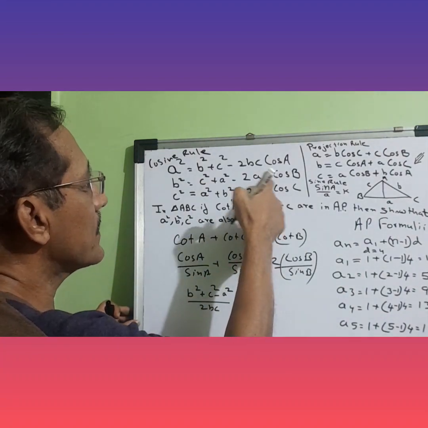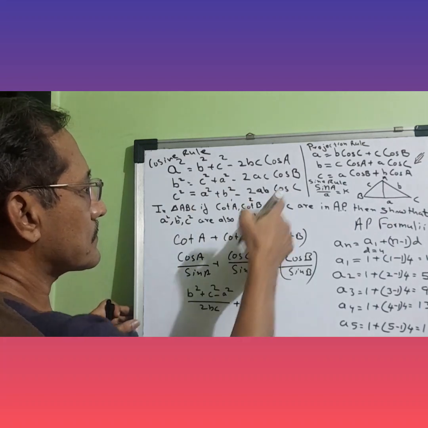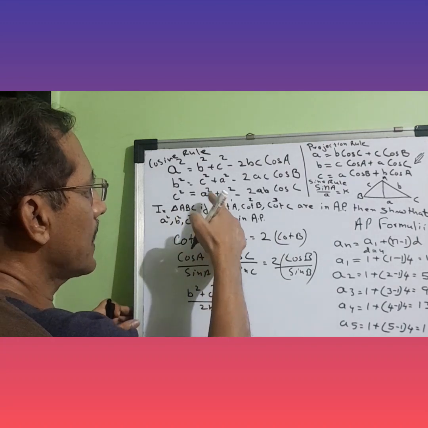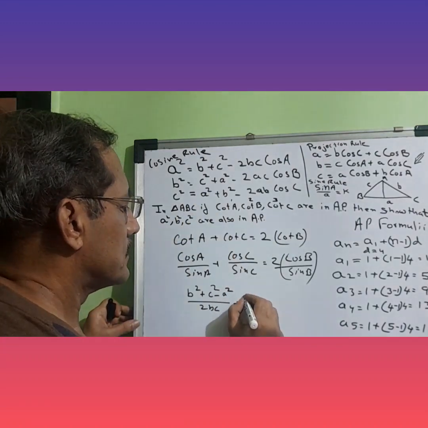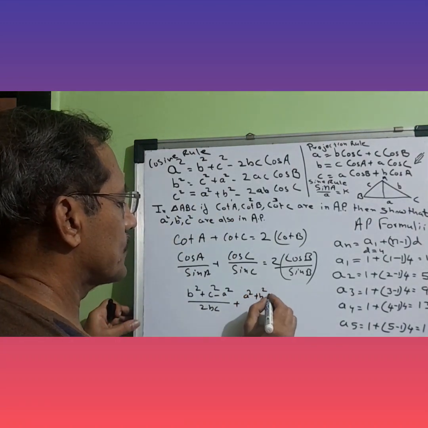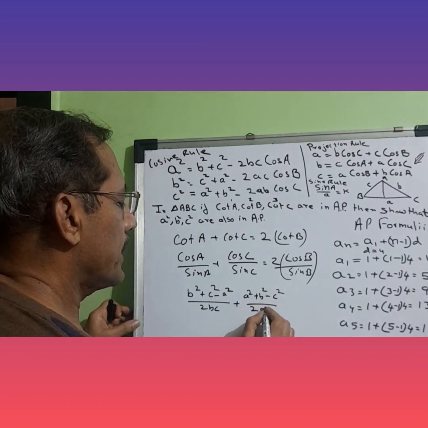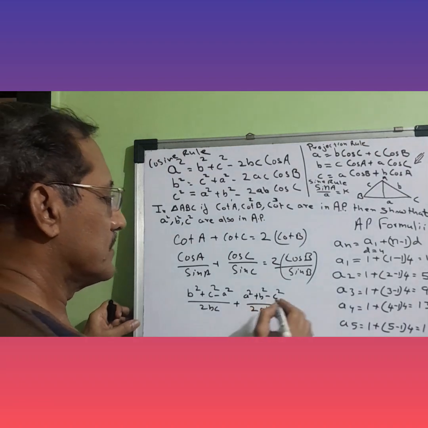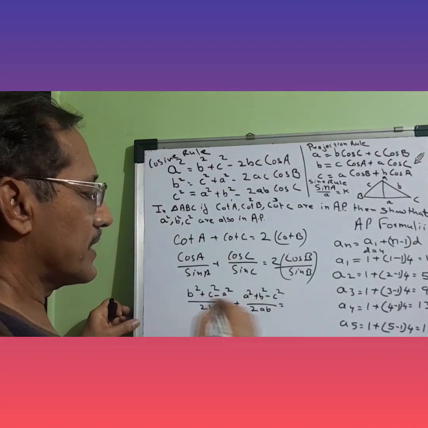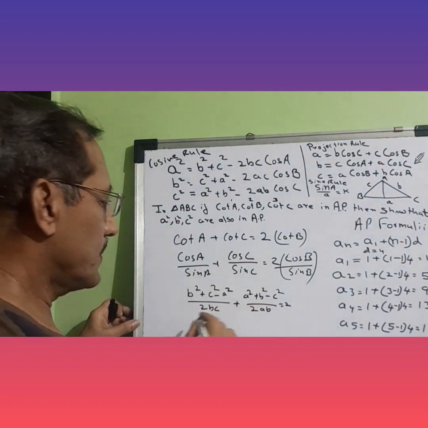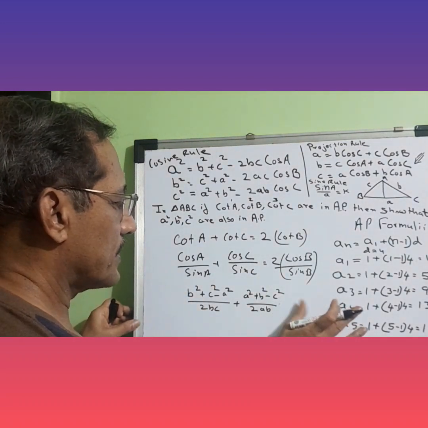When we are talking of c, in that case you have a square plus b square minus c square, and 2ab. So this is cos b, let me put it here.